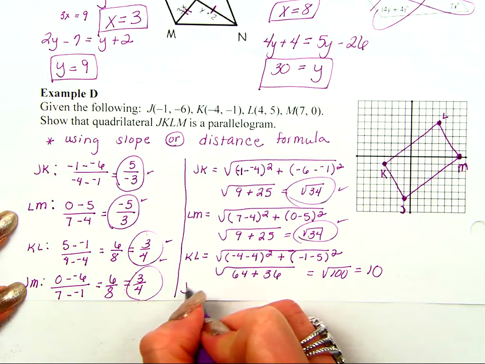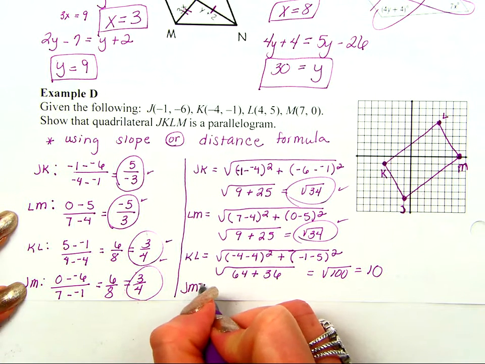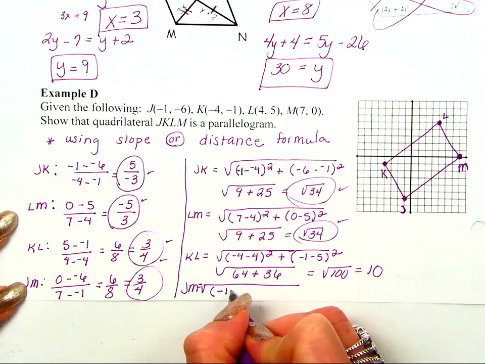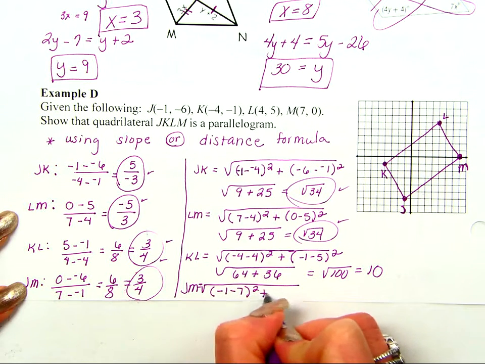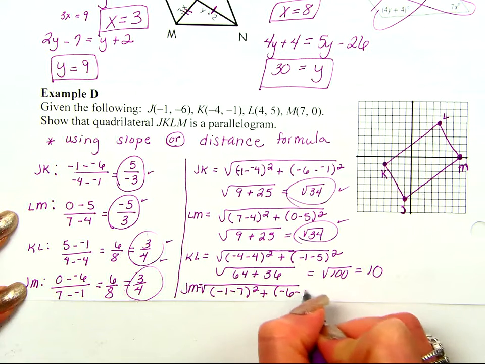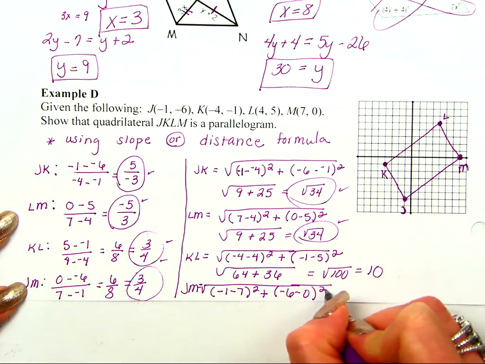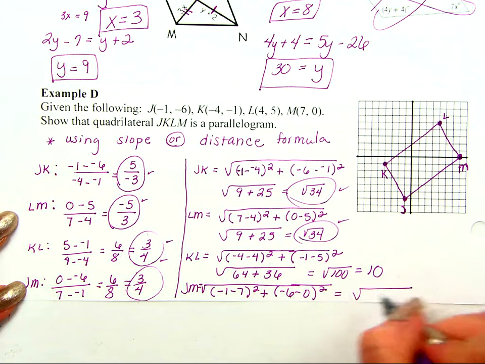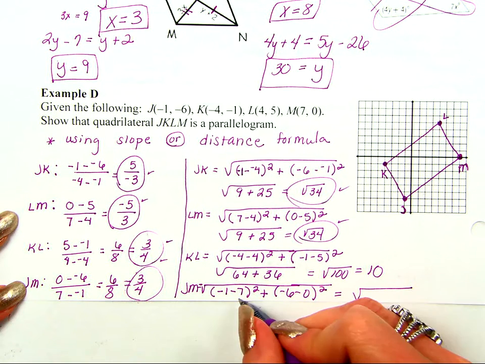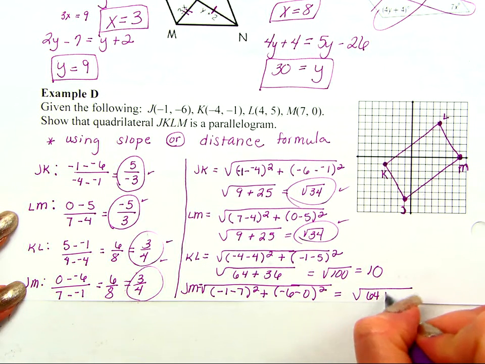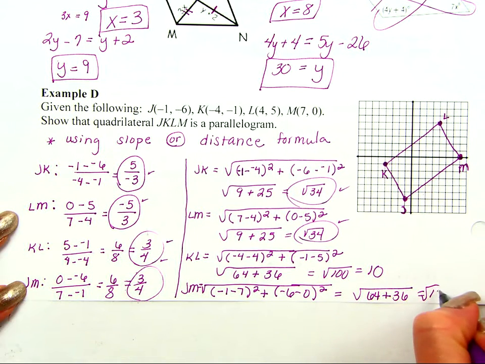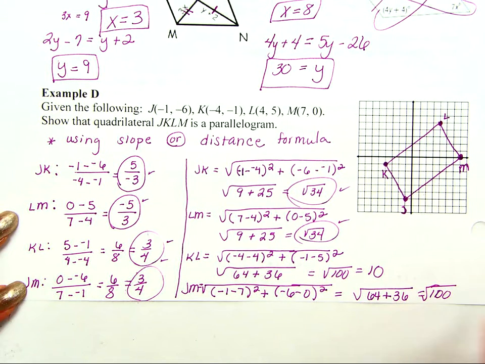And JM, x minus x, y minus y. And again, it looks like we are going to have 8 squared and 6 squared, square root of 100.